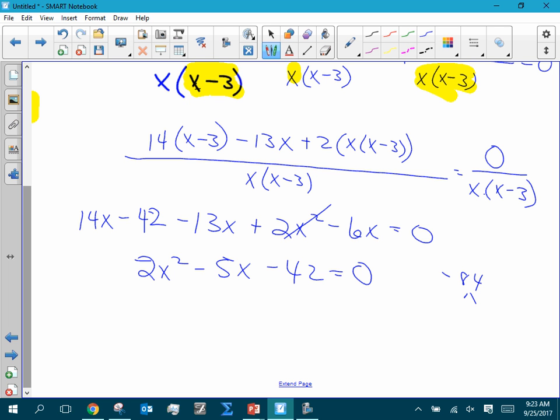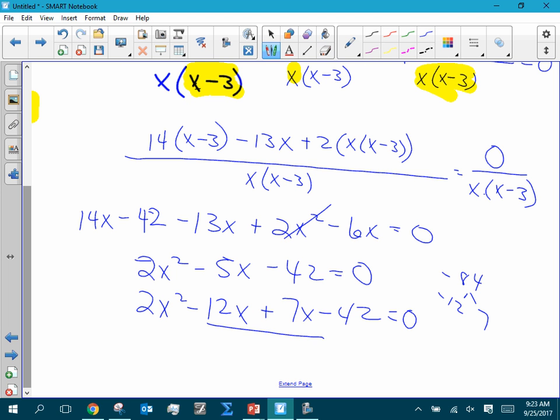Two numbers that multiply together give me 84, and that gives me negative 5. 84 divided by 12 is 7. 12 and 7. Negative 12, positive 7. So then I go 2x squared, minus 12x plus 7x minus 42 equals 0, right?